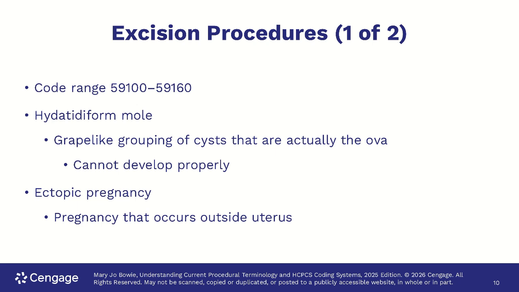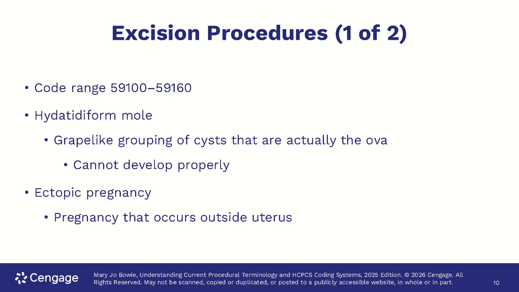Okay. All right. So some of the procedures that you'll see here, starting with 59100, you'll see hydatidiform mole, which is a grape-like grouping of cysts where the ova cannot develop properly.